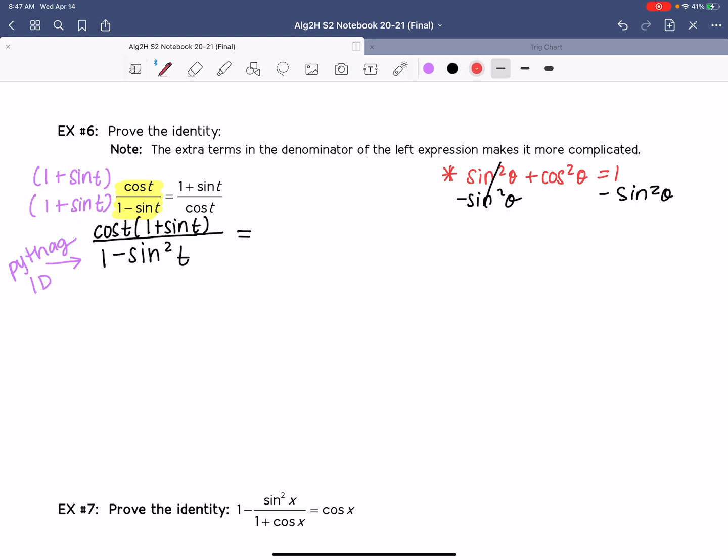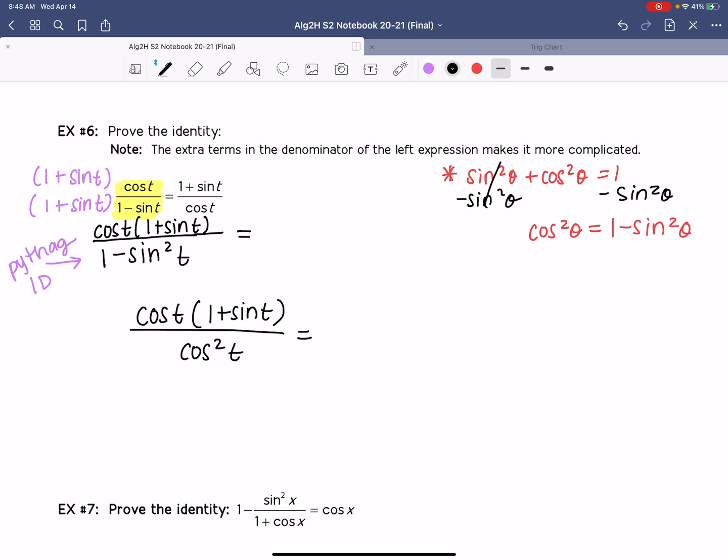Now I get cosine squared theta is equal to 1 minus sine squared theta. So where 1 minus sine squared theta is, we can put cosine squared. Now I have cosine of t times 1 plus sine of t, over cosine squared of t.